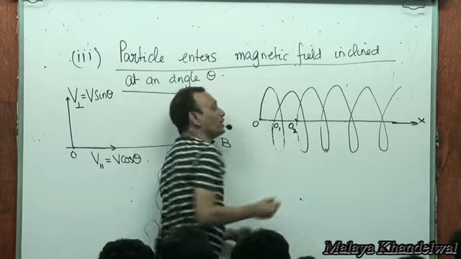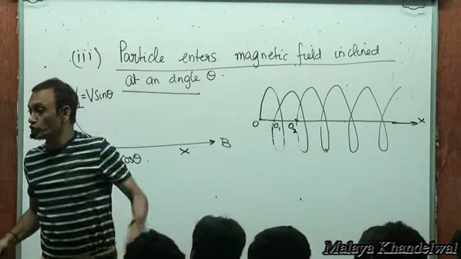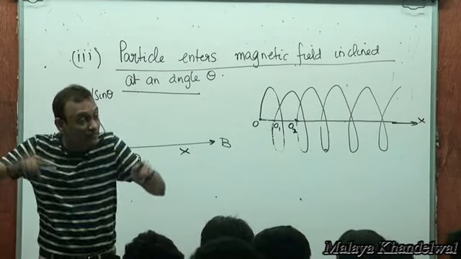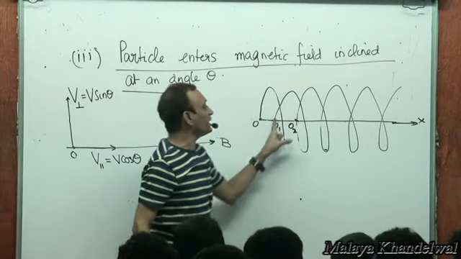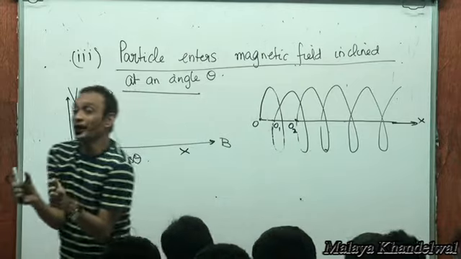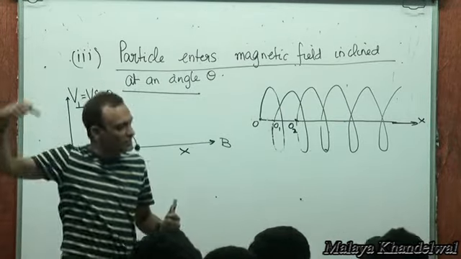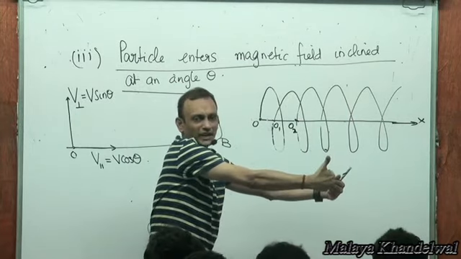And between O1 and O2, 360 degrees rotation of the charged particle. That means time taken would be capital T, which would be 2 pi by omega between O1 and O2. Between O1 and O2, time taken would be capital T. Right? Because full 360 degrees rotation between O1 and O2 as observed on that projector.